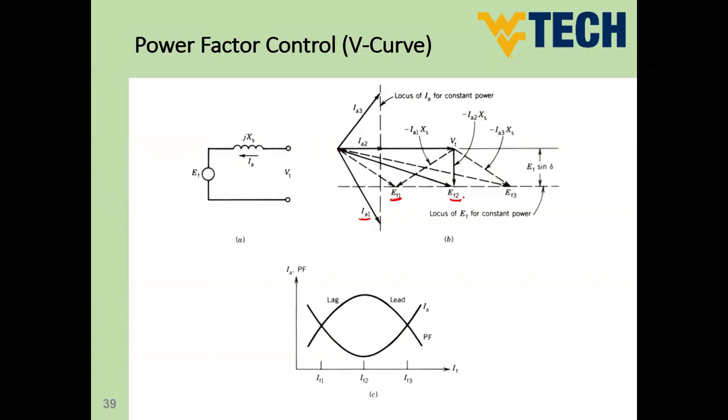EF2 is due to IA2, which is unity power factor, and EF3 is due to IA3, which is leading power factor. If you compare this phasor diagram with the constant power operation of the synchronous generator, it would be just like a mirror across the terminal voltage. So if you make a mirror of this phasor diagram, it would go to the upper side, and this would be the case of the synchronous generator.